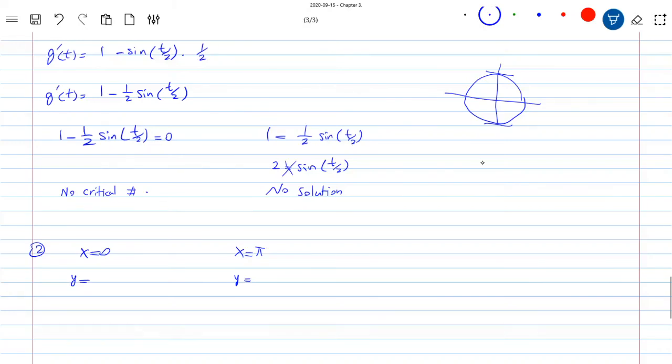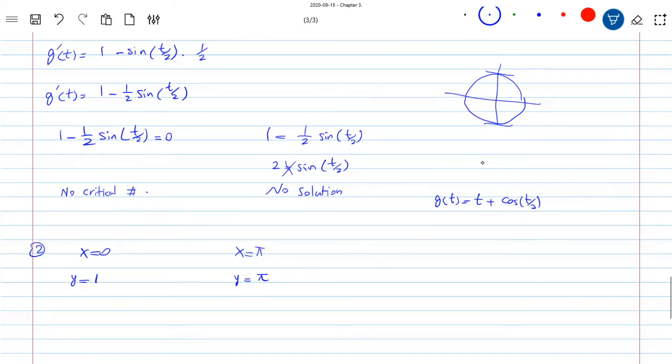I replace 0 into the original function. The original function was g of t equals t plus cosine of t over 2. If you replace 0 here, you'll get 0 plus cosine 0, which is 1, so you get a y value of 1. If you replace pi, you get pi plus cosine of pi over 2, which is 0, so you get y equal to pi.